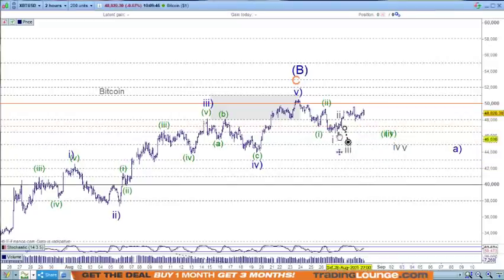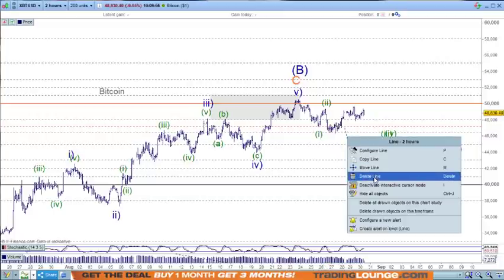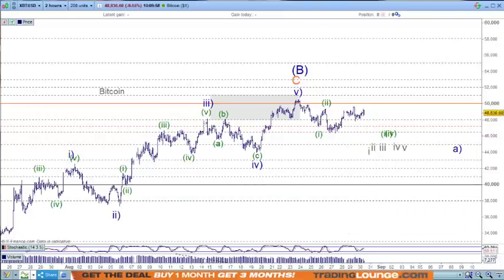Obviously that's not the case, and the more interesting point now is that if this 5-wave structure here and then the rally up here, we've basically breached this top here.